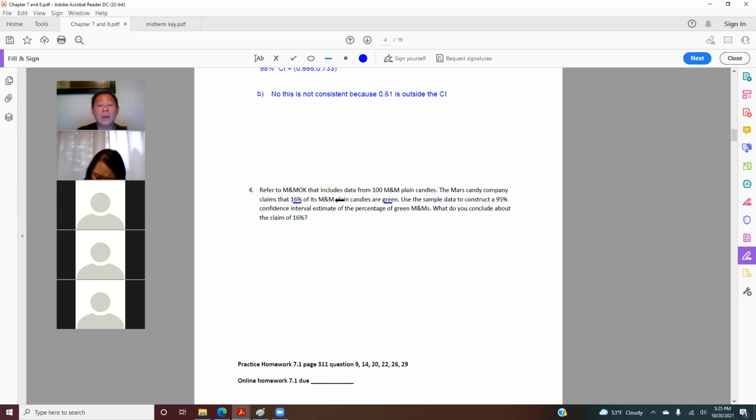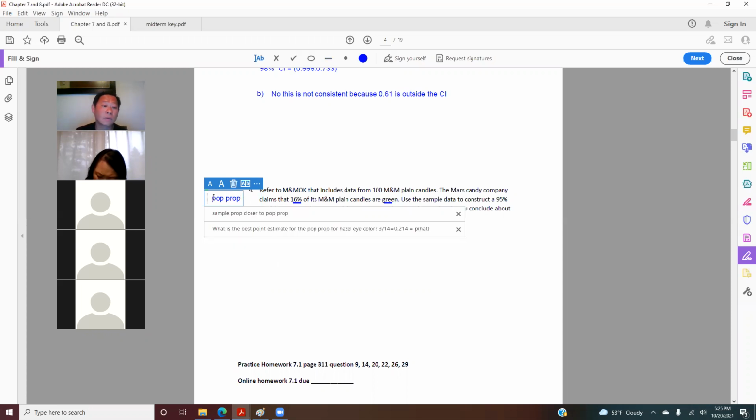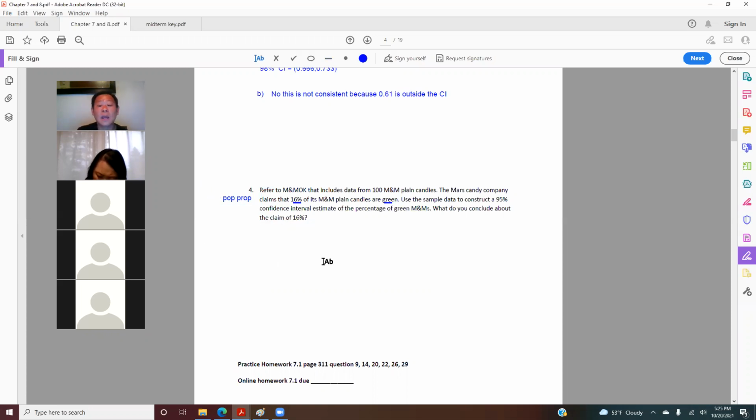This is based on the Mars candy. This 16% is your population proportion. So you need to find the 95% confidence interval to estimate the percentage of green M&Ms.